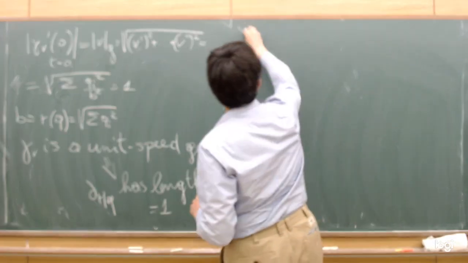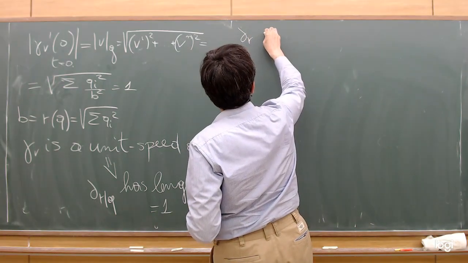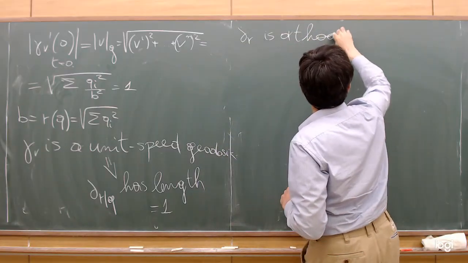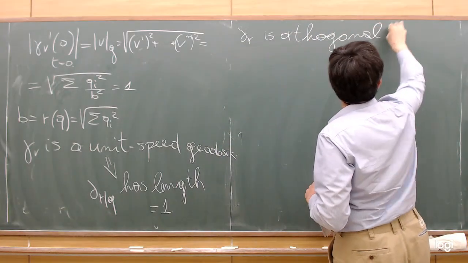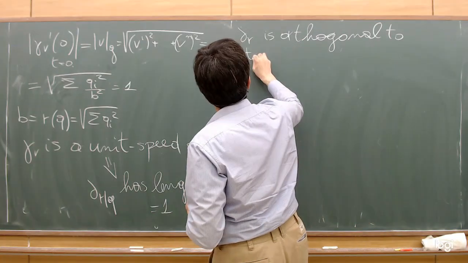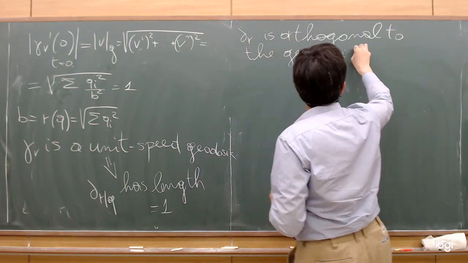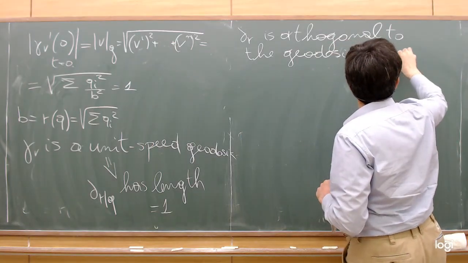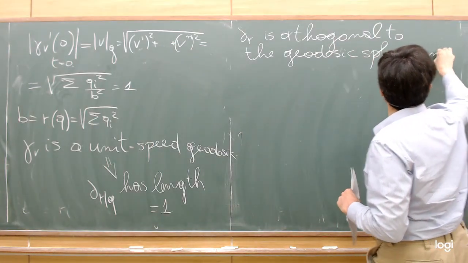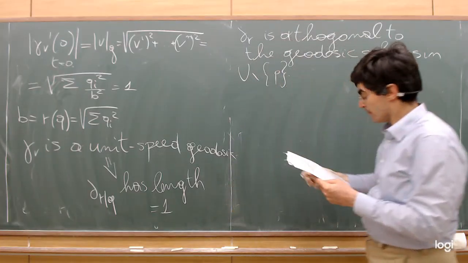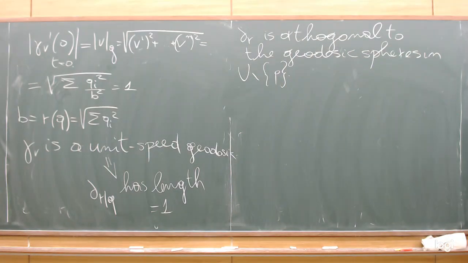So let's write: delta r is orthogonal to the geodesic spheres in U minus P. Okay, this is a bit more complicated.